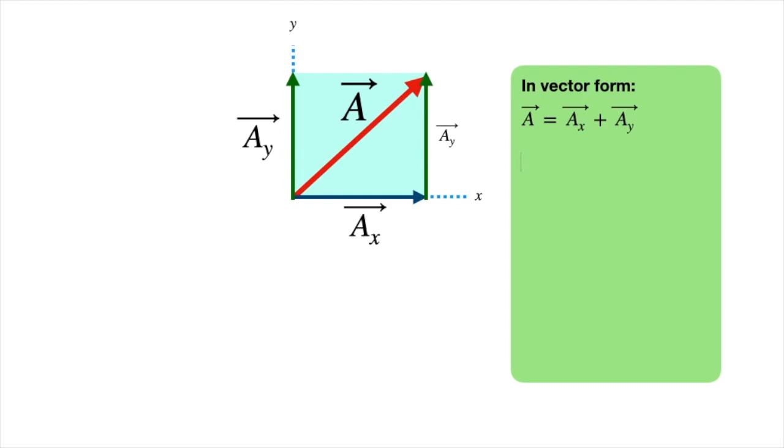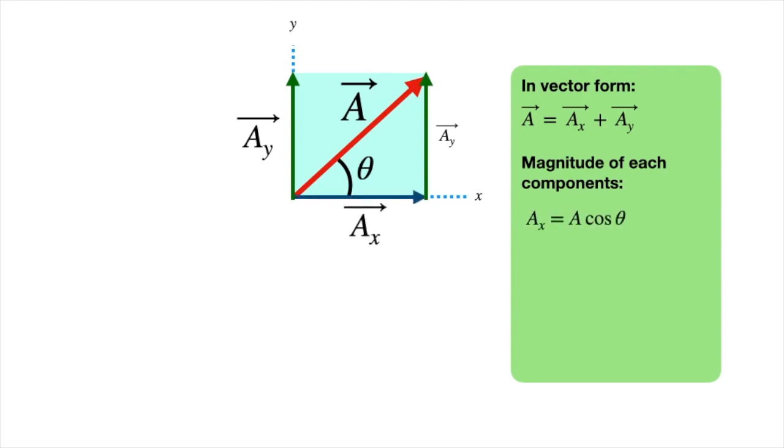Okay, can we calculate the magnitude of each component vector? If you notice, the shape is like an ideal triangle with a 90-degree corner. So you remember, for a 90-degree corner, you can use the sine, cosine and tangent laws. We can solve this using common trigonometry equations. Let's say the angle between the x-axis and vector A is theta. So we can calculate AX to be A cos theta.